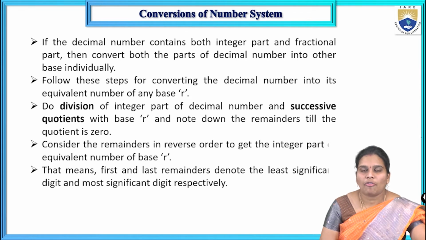Now I want to convert any number system, either by division of that particular value by using the base, or by multiplication of that value by using the base values only. That is the base or radix. Now I want to convert the decimal number system to the binary number system.